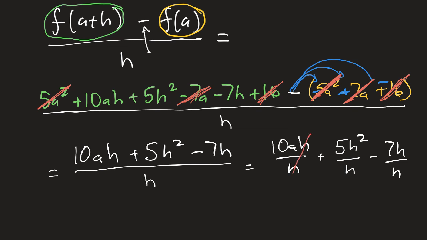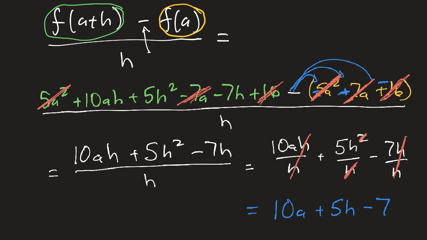So here, these h's cancel, and I am left with 10a for that first term. Then this h cancels one of the h's in the h squared, and I'm left with 5h. And finally, down here on the end, the h is canceled in the 7h over h, and I'm left with minus 7.